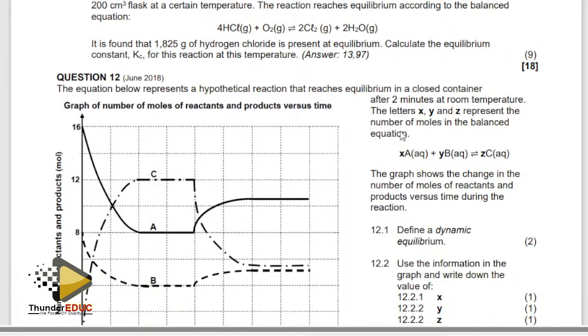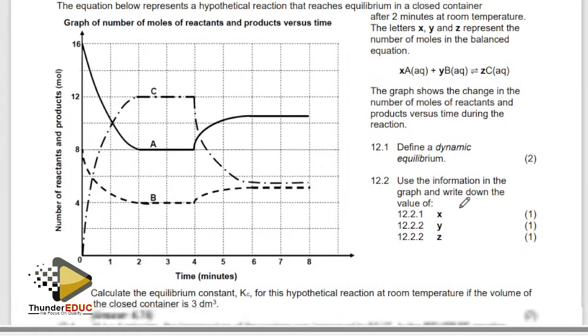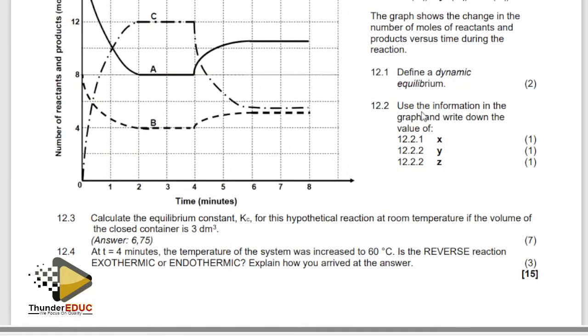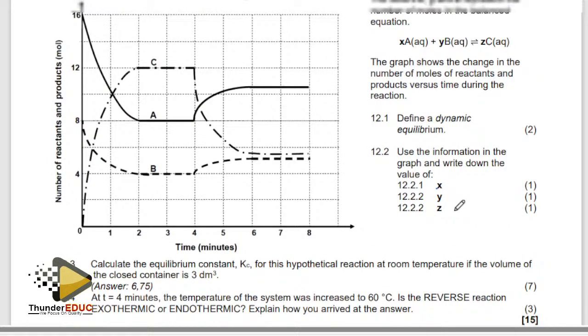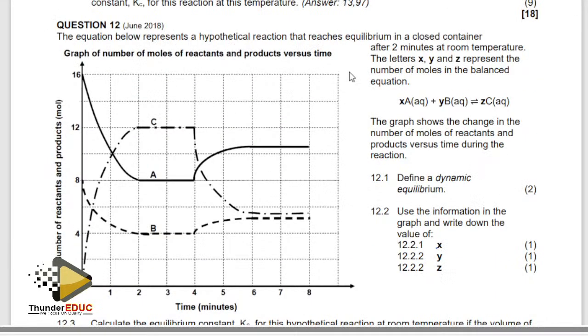The graph shows the change in the number of moles of reactant during the reaction. So now they're saying dynamic equilibrium. Okay. Use the information. Define this. What is X? 2 minutes, X, Y, and Z.